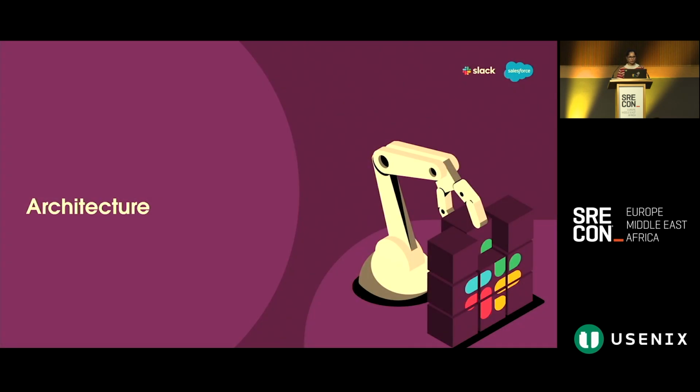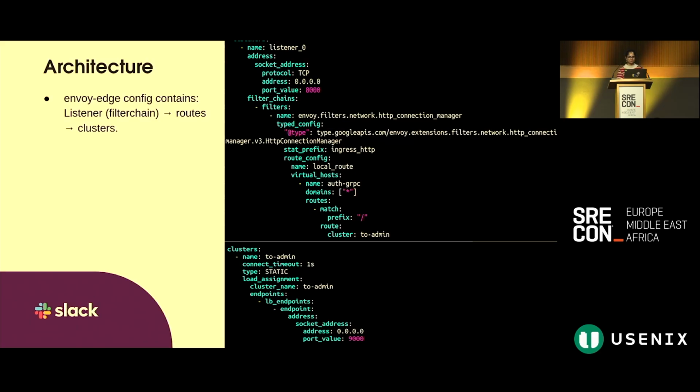Okay, so let's look at the architecture. Before diving into the architecture, let's get a few things out of the way. All of Slack's API requests go through our edge load balancing tier, which is a set of virtual machines running Envoy.